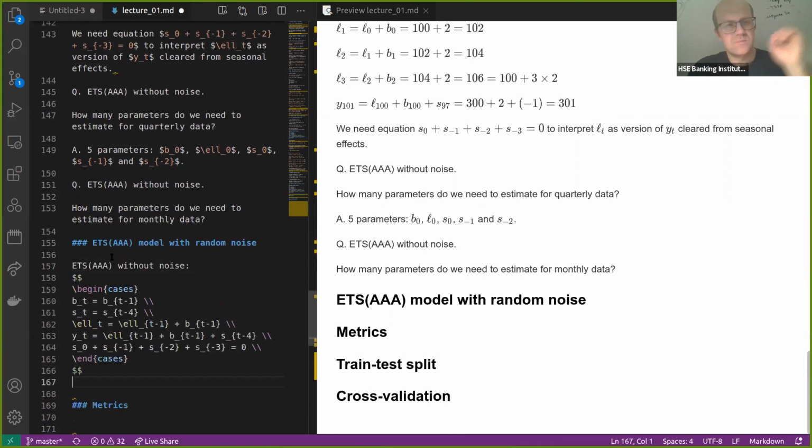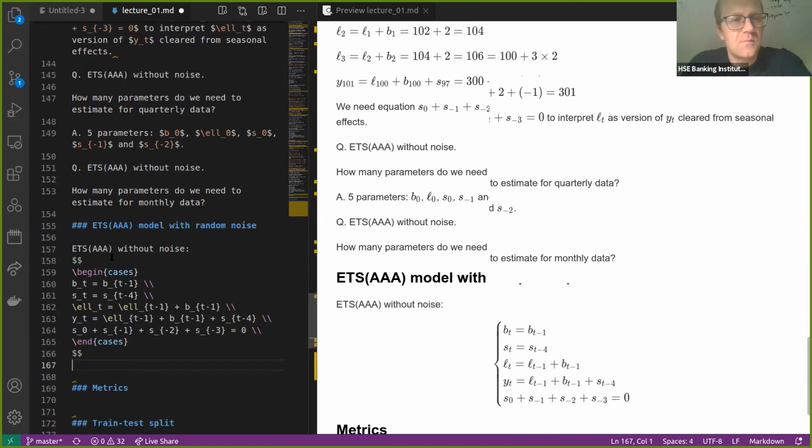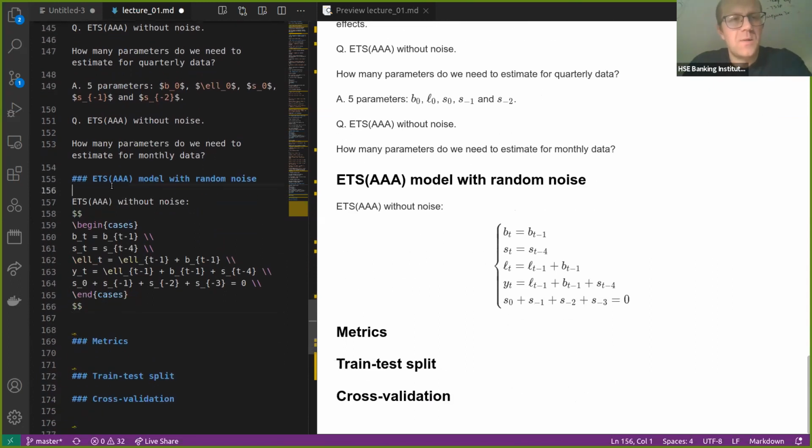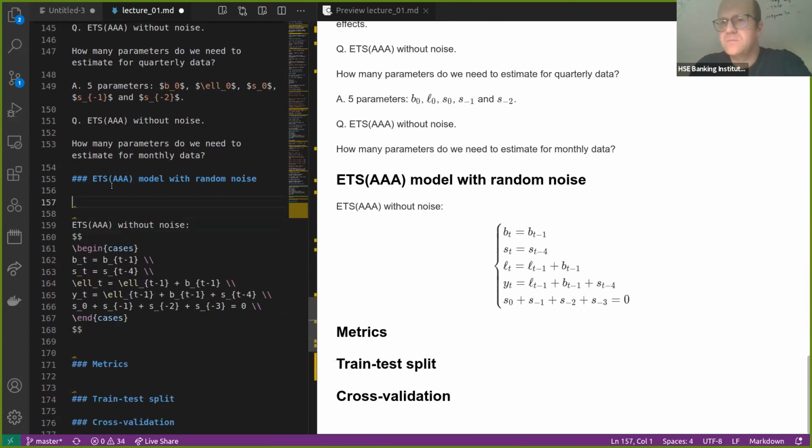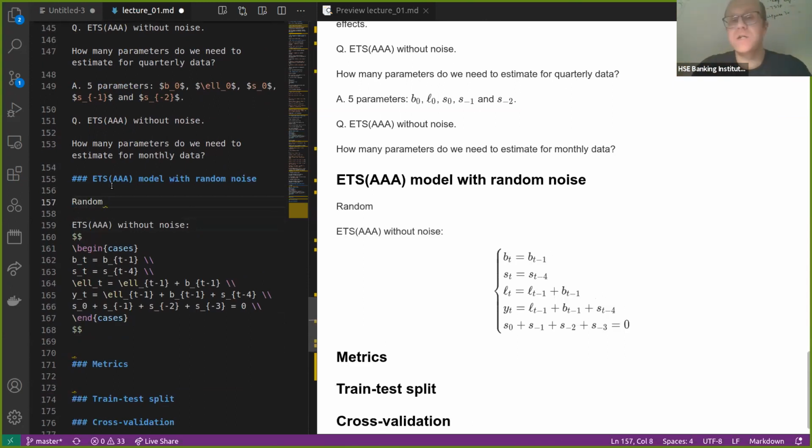This is just a copy, it will change. But to start with, we have familiar equations. We will just alter them a little bit. So we have random fluctuations now, random noise.